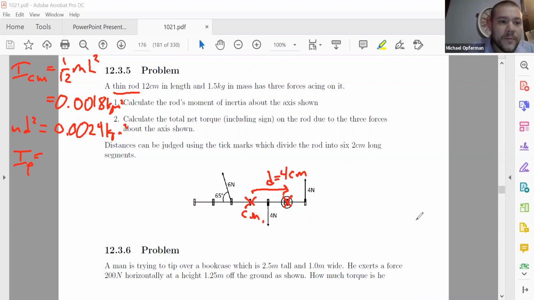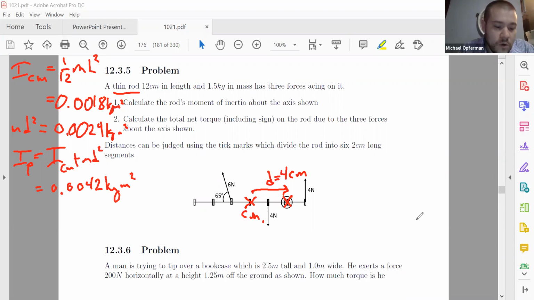And now the total moment of inertia of the rod, which sometimes I call I_P, the moment of inertia about the parallel axis, would be the sum of these two things, I_CM plus MD squared. So that's going to be 24 plus 18 is 42. So 0.0042 kilogram meter squared.